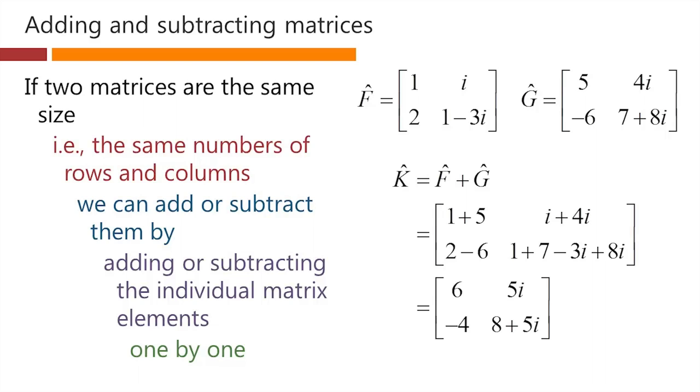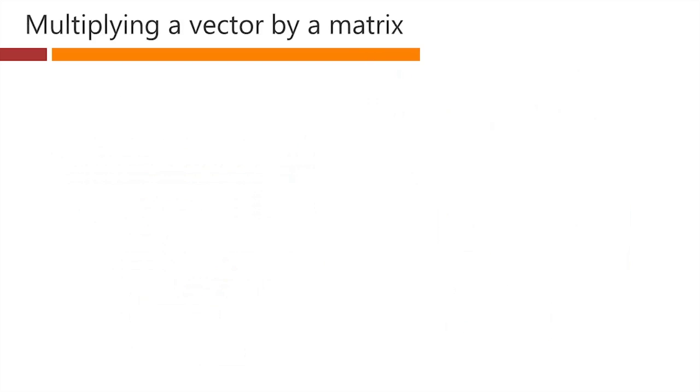So that's very straightforward. Now let's look at a somewhat more complicated but very important operation that we can do with matrices, which is multiplication. And we're going to start that discussion by taking a particular case, a simpler case, which is multiplying a vector by a matrix.